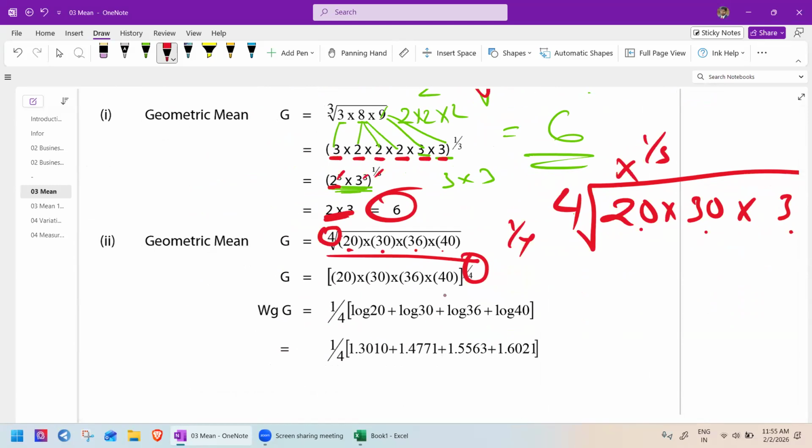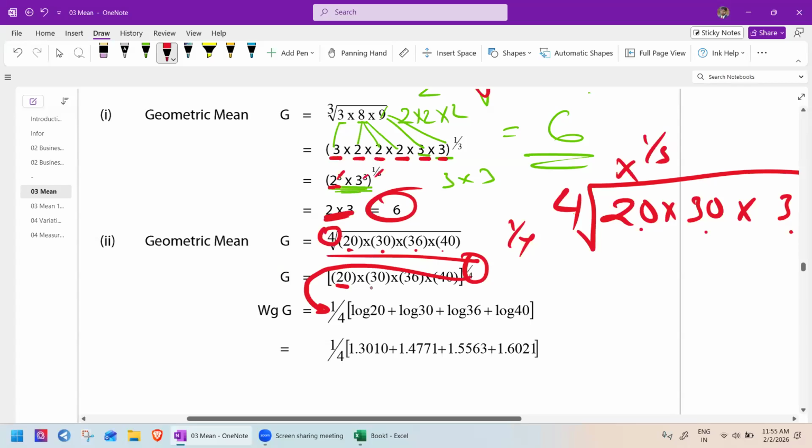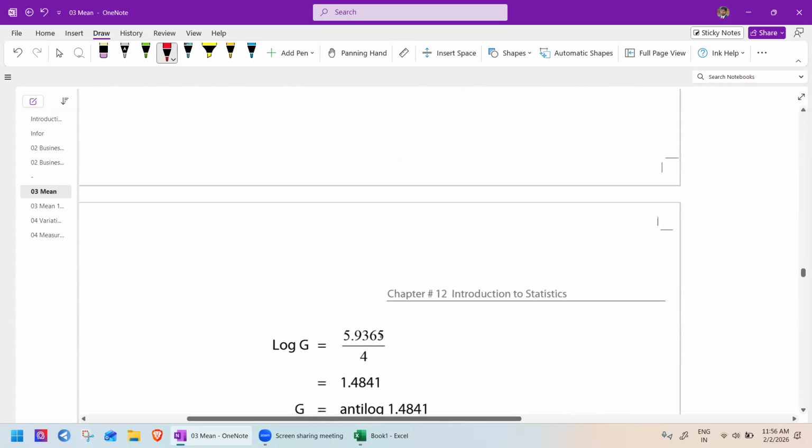So when they transform into log, this value comes here: log 20 plus log 30 plus log 36 plus log 40. And then we take the value of log 20, and so on. If we take all together, we get the log value, and then 1/4.